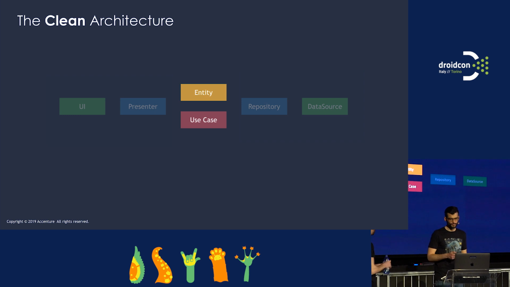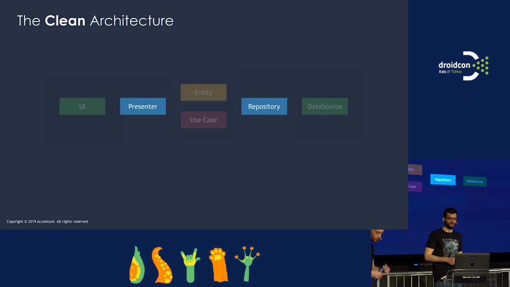The third layer are components that should translate events and data from the inner layer to the outer one, and vice versa. So if I'm showing something to a user, I will find a presenter-like class. If I'm retrieving data from somewhere, I will have some kind of repository class.